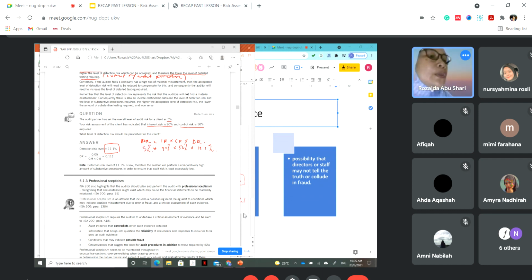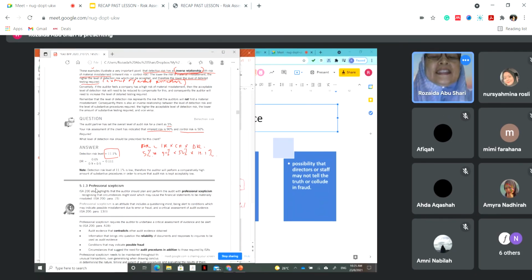Okay. So I want to ask Mimi Farhana, can you explain to me the relationship between the components of the audit risk model here? Try.